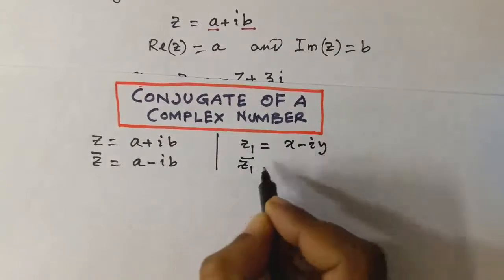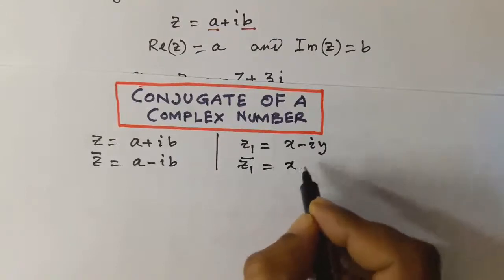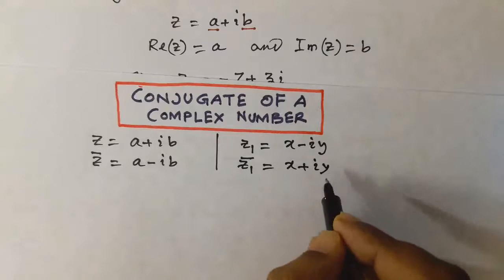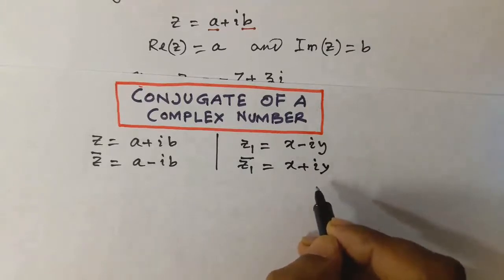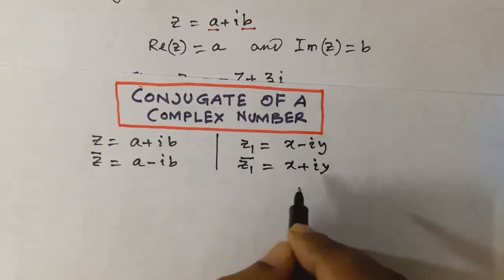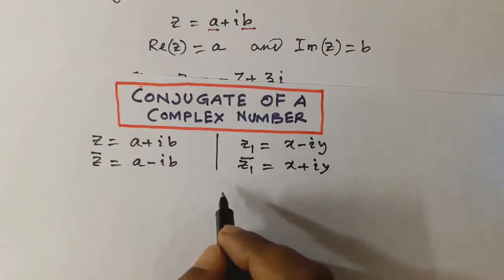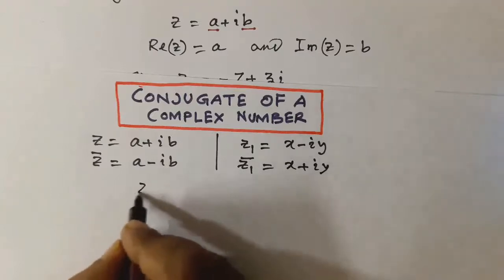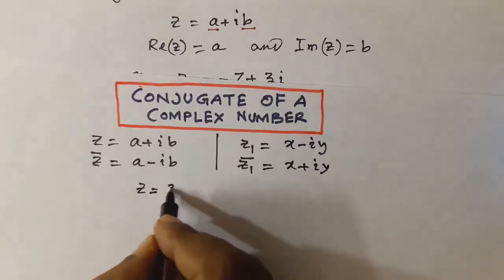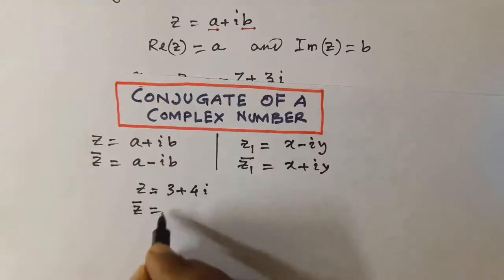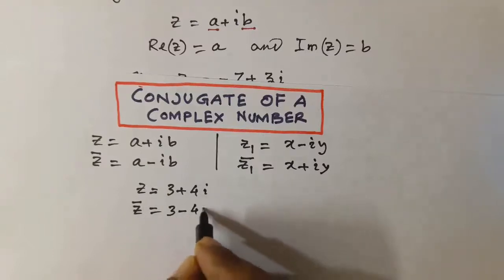Then z1 bar is equal to x plus iy. It follows from the definition that the conjugate of a complex number is obtained by just replacing i by minus i. For example, say z is equal to 3 plus 4i. So the conjugate of this complex number z denoted by z bar is equal to 3 minus 4i.